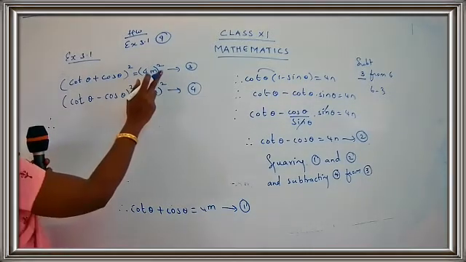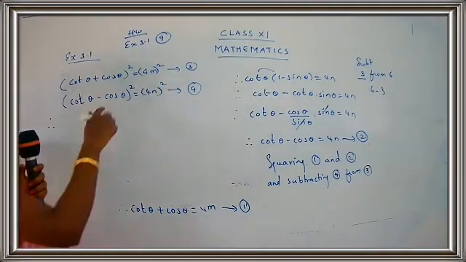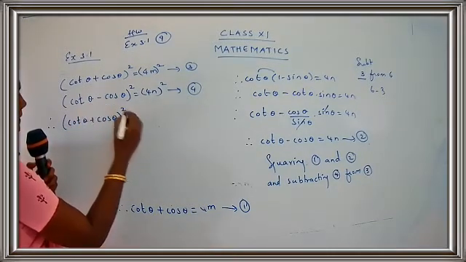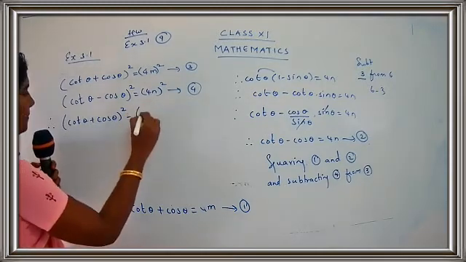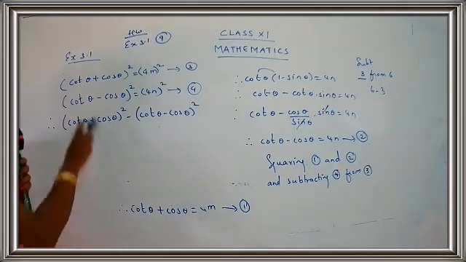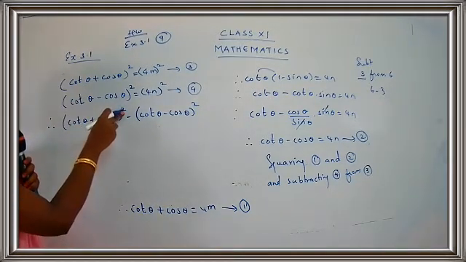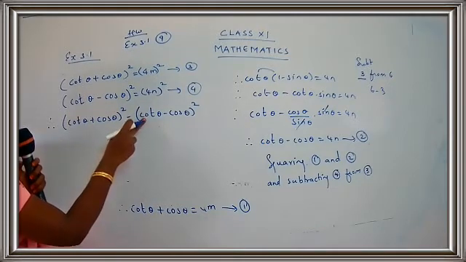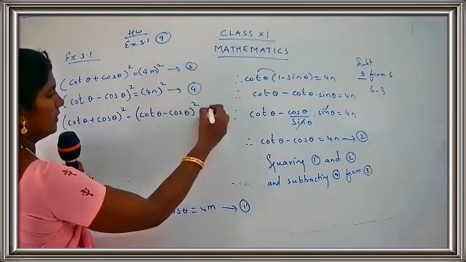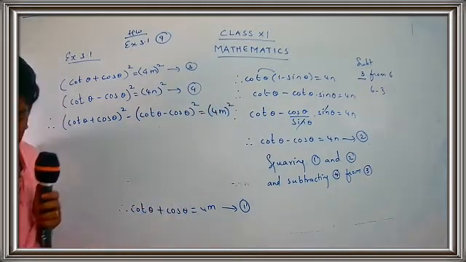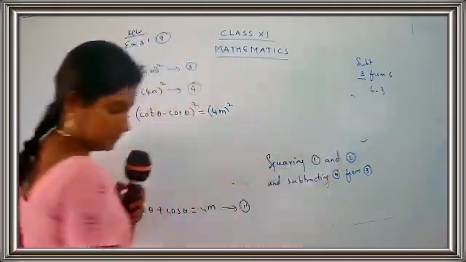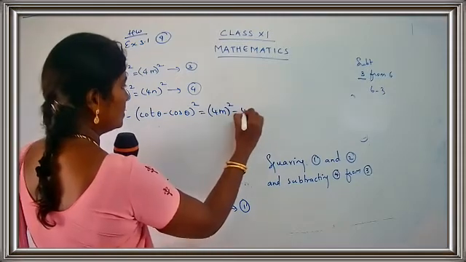What do you get here? 4 from 3. So 3 will be written first. So (cot theta plus cos theta) the whole square. I'll take the LHS part together. Minus (cot theta minus cos theta) the whole square. You clear, children? (Cot theta plus cos theta) the whole square minus (cot theta minus cos theta) the whole square is equal to, take the RHS part, 4m square minus 4n square.